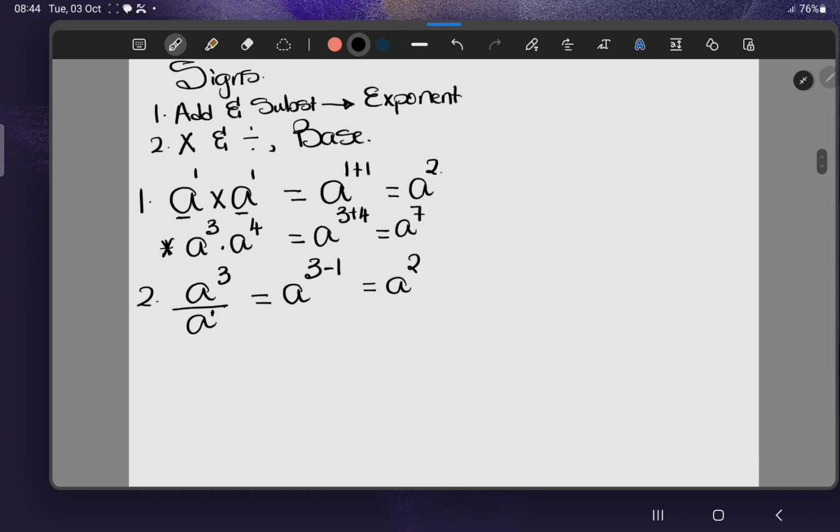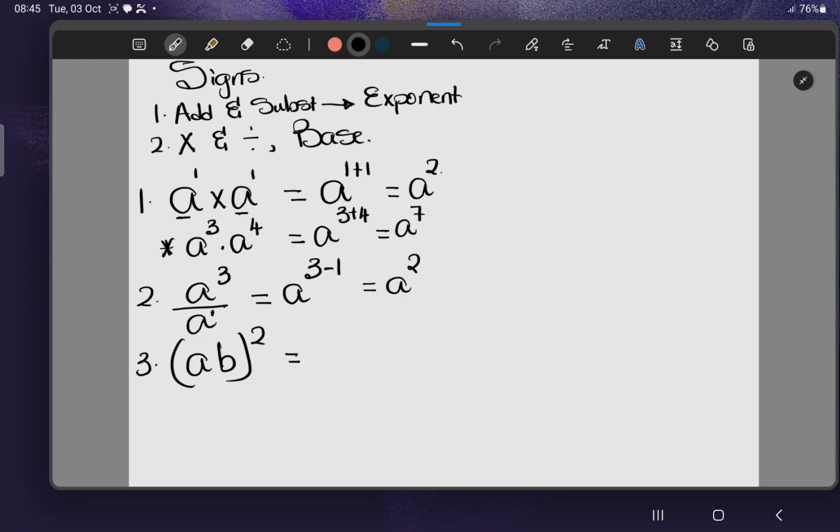Very, very important law. And then law number 3, we have (ab) squared. Here, we have 2 different terms inside. What we're going to do, make sure that the sign inside the bracket is multiplication or division.